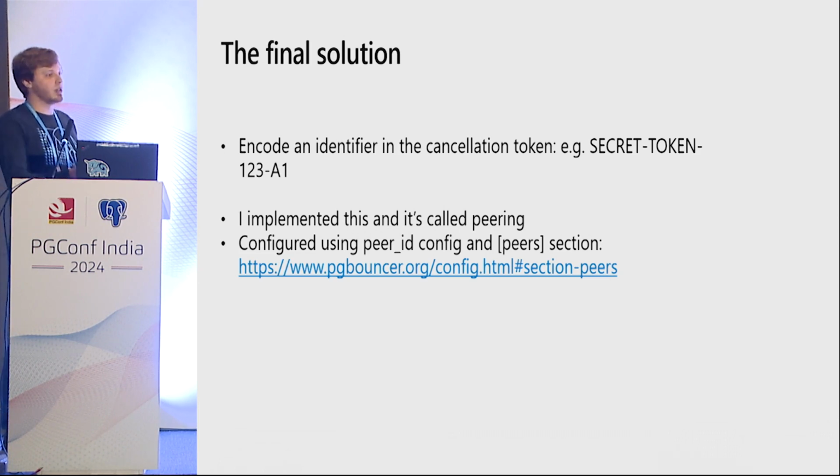And based on that, we know, okay, we need to forward it to A1, and then you can configure all the PgBouncer nodes using peer_id and a peers section, because it's called peering, this relatively new feature in PgBouncer. The peer ID is simply a number. You give all the PgBouncer processes a different number, and then in the peers section, you map all these numbers to connection strings.